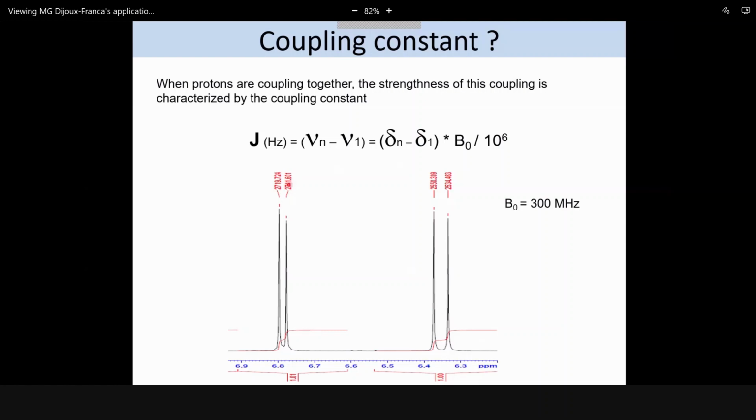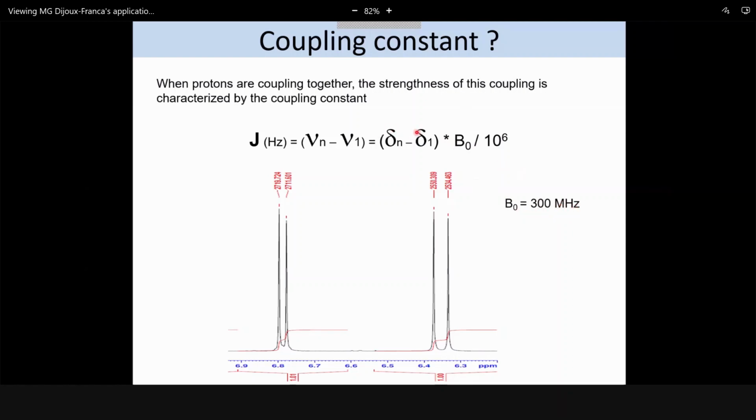But as we are in chemical shift, we need to enter the value of the B0 field. Remember, it's the power of the machine. And here, for example, it's a machine of 300 megahertz.